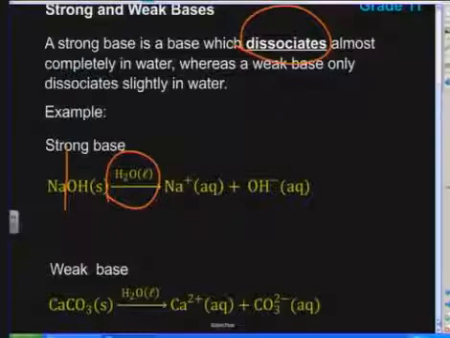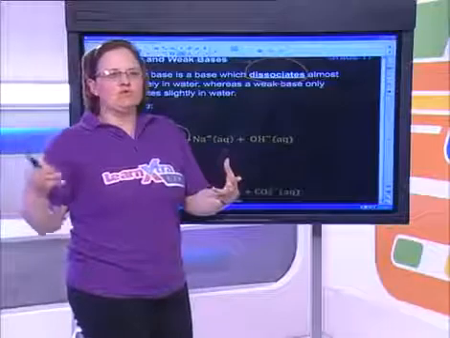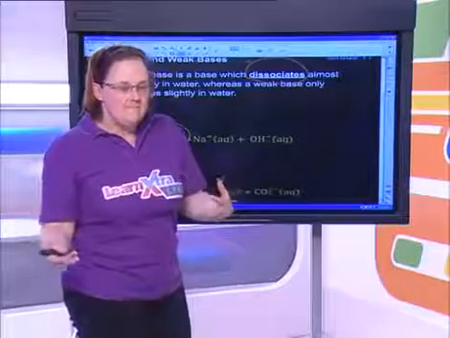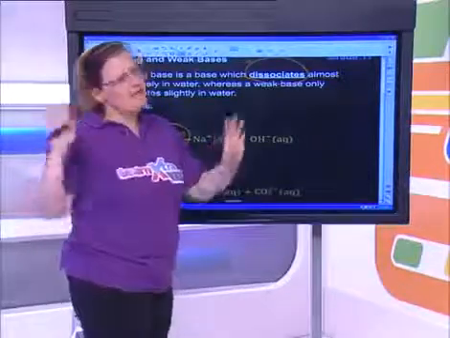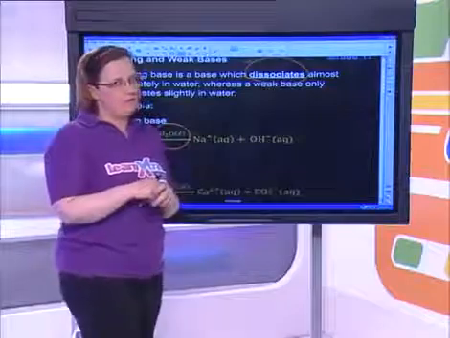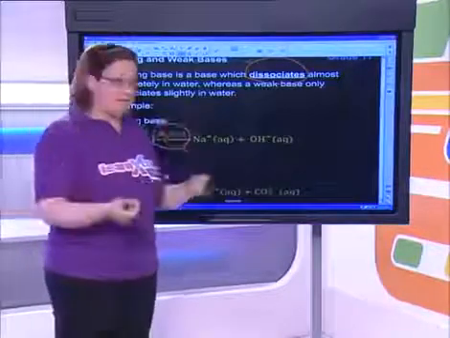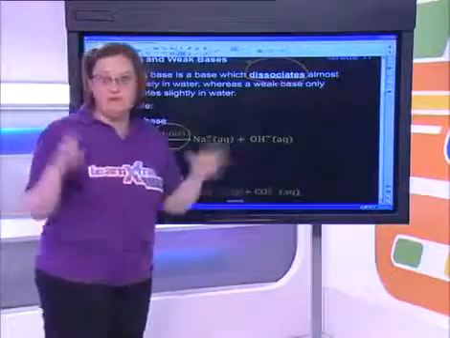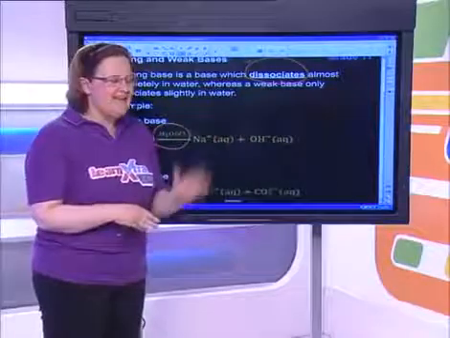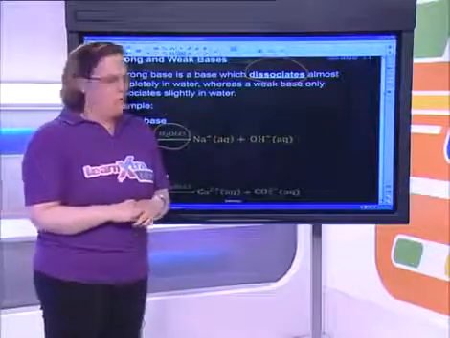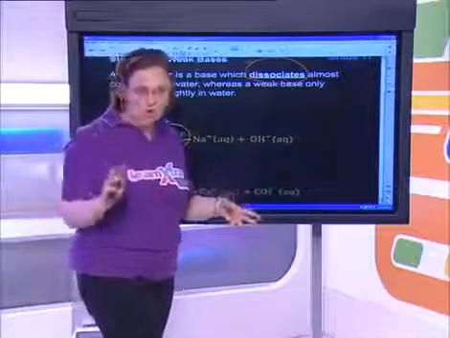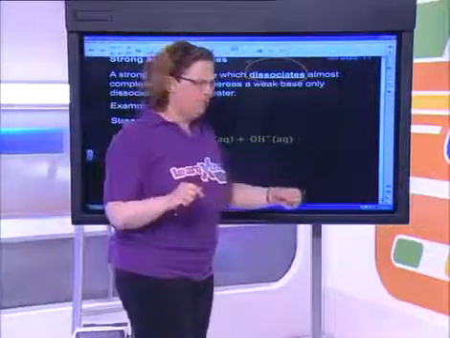I could write it with the water in the middle, so then water's starting to act like an acid in this case, but that gets quite complicated for what we're trying to do. But it's a strong base. NaOH is a very, very strong base. It's caustic soda. It is extremely dangerous. It's not one of those things you should have in your home, and if you do, I'm a little worried.